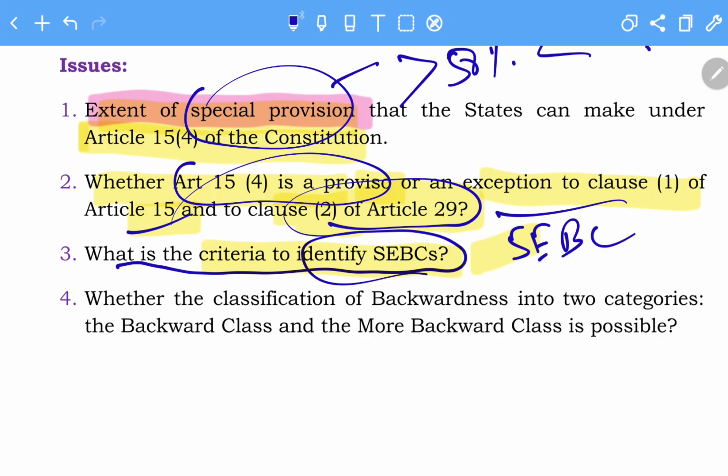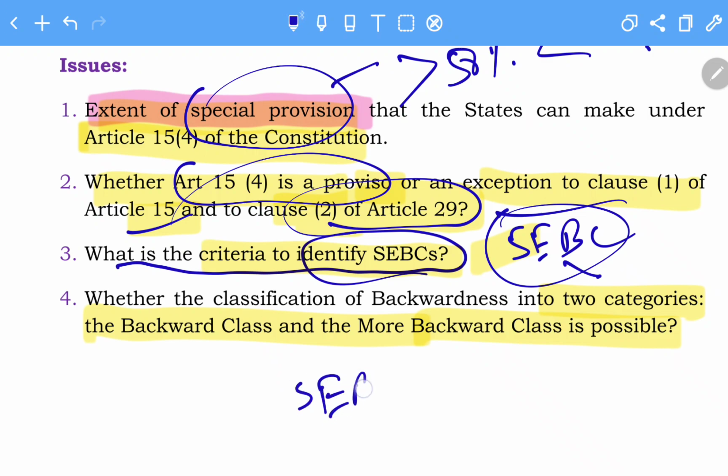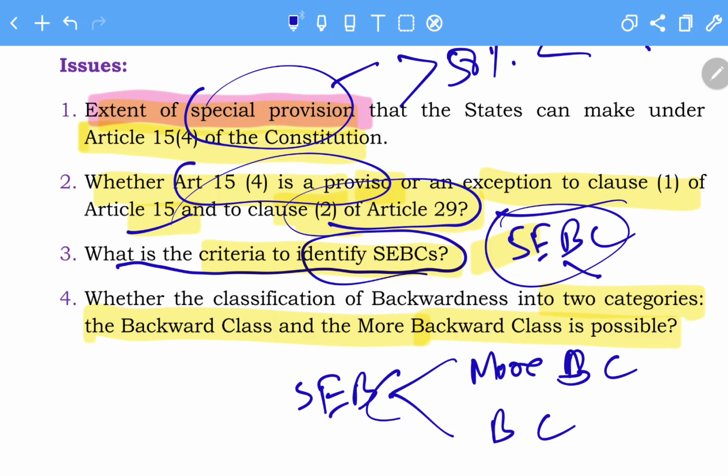The fourth question was whether you can divide this SCBC community into two categories, backward class and more backward class. Whether the Constitution permits a bifurcation of the SCBC category into these two categories. Is it possible to have that kind of bifurcation? That was another question in this case.